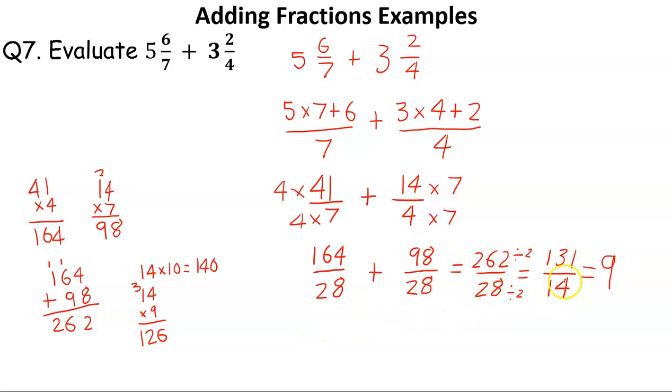My remainder, I've got 131, take away 126, which is going to give me 5, over 14. So this is our final number, our final calculation.